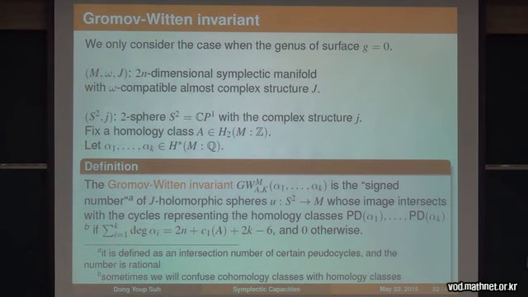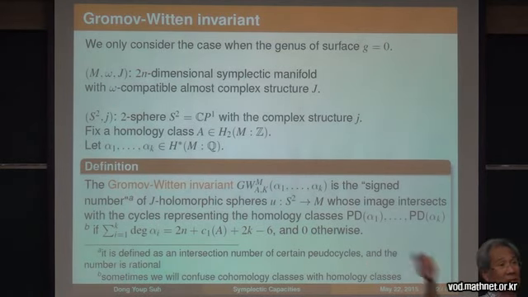Every homology class by itself is not represented by submanifolds, but if you multiply by some number, then it can be represented by submanifolds. So basically, you replace these cohomology classes by submanifolds, and then ask how many maps you can embed so that the image intersects all these submanifolds.